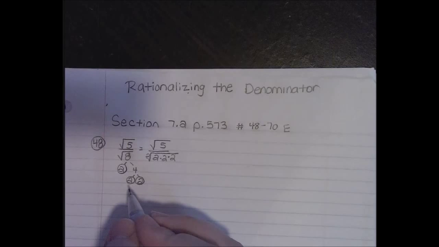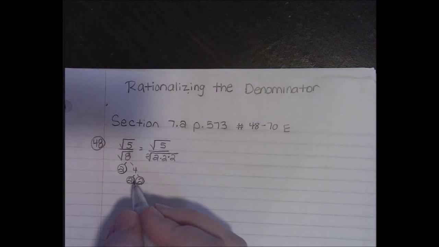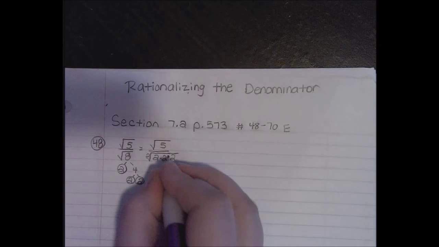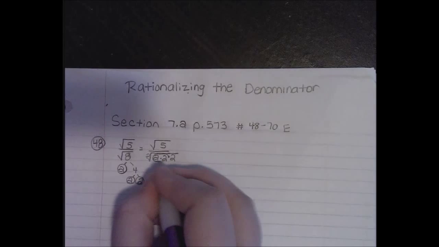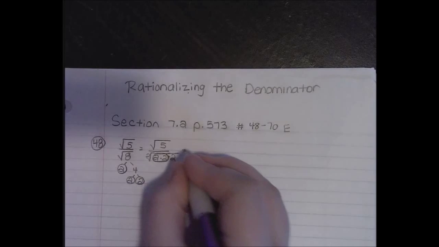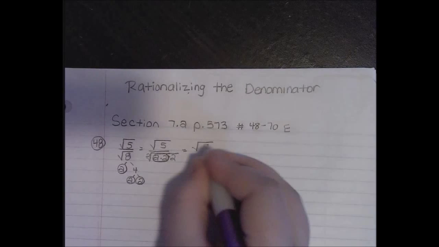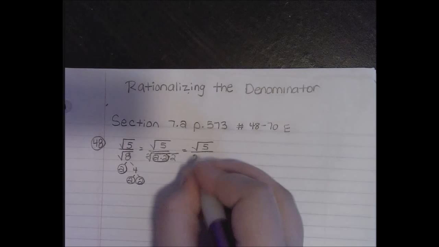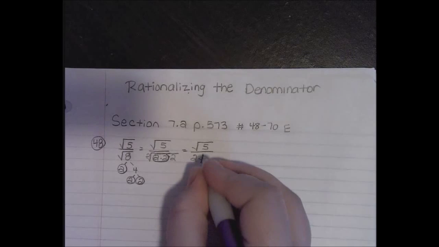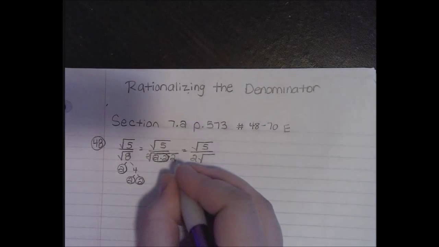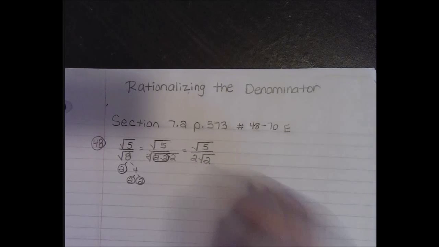The index tells us how many of a number we need to release it from the radical. So since we have 2 2's, they're going to be released as 1 2. And then this 2 here is going to stay inside the radical because it did not have another one to make a pair.